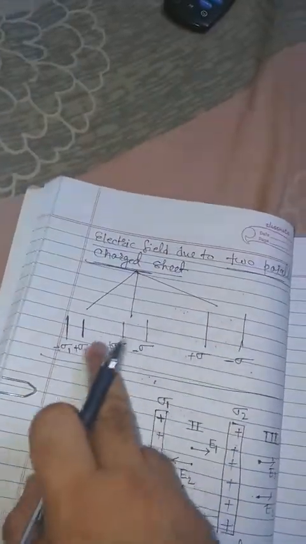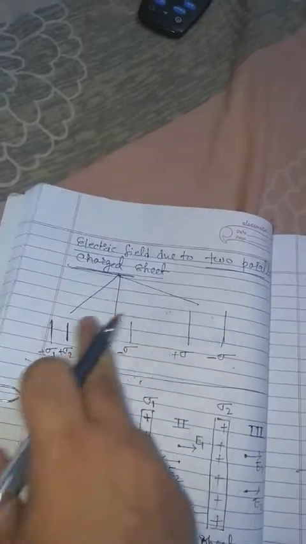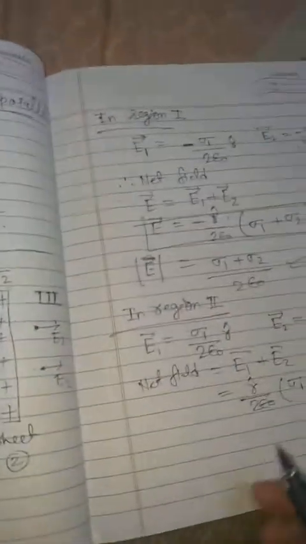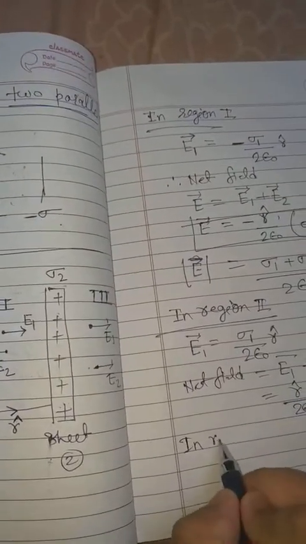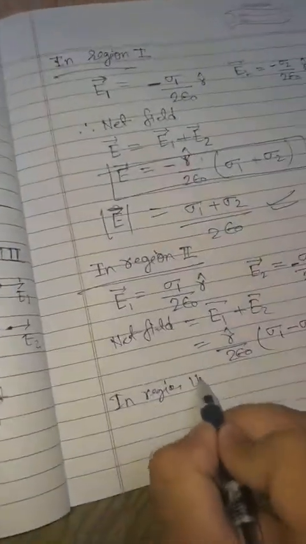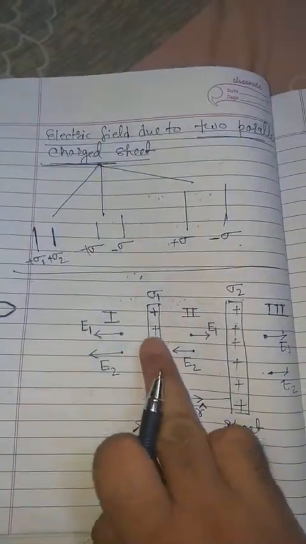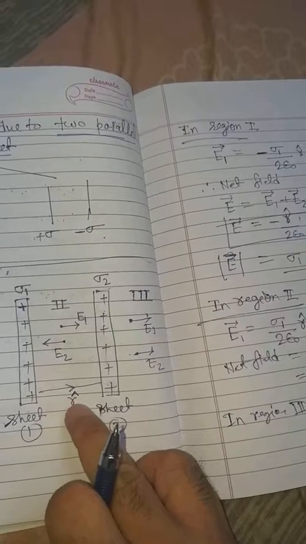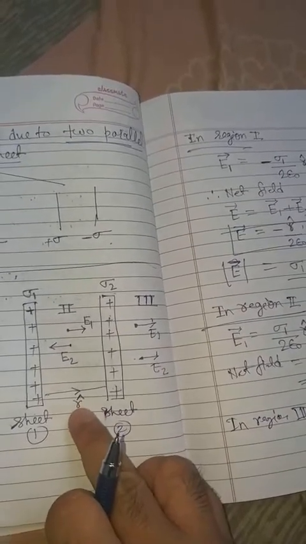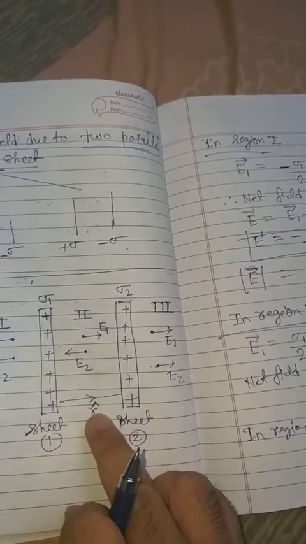So with the help of this concept, you can analyze any of these three cases. And in region 3, same as the first region, the direction of electric field is in the direction of the direction vector r cap.